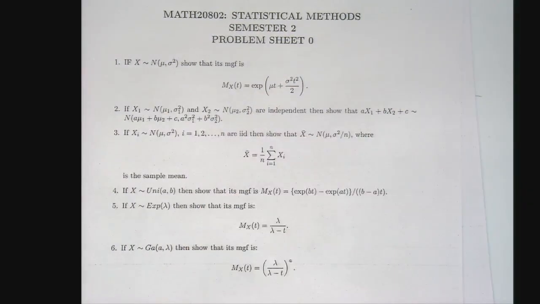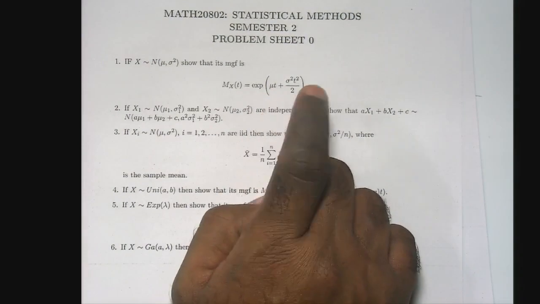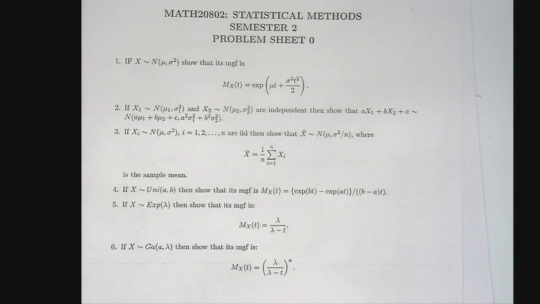And therefore, by comparison, this is the MGF of a normal variable with parameters, this being the mu parameter, and this being the sigma squared parameter.